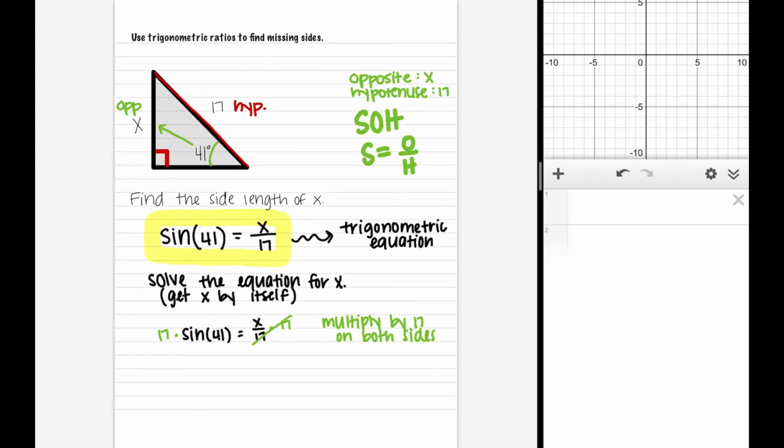Well, division by 17 and multiplication by 17 are inverses, so they cancel out. And we are left with 17 times the sine of 41 equals X. So now all I have to do is evaluate what is 17 times the sine of 41.